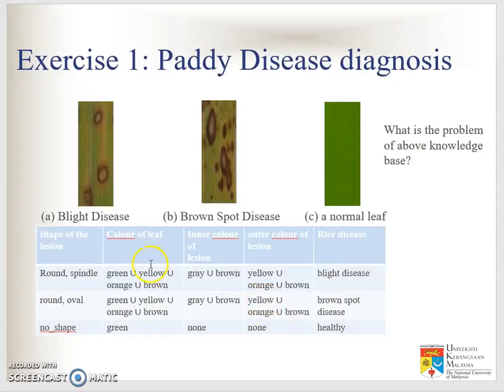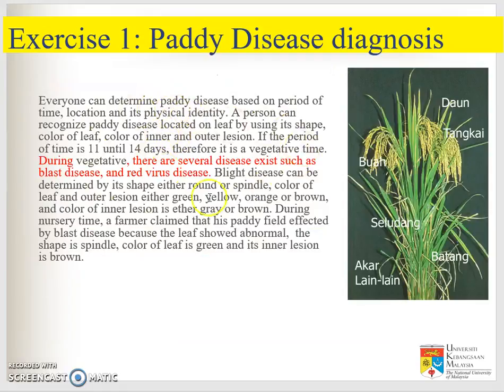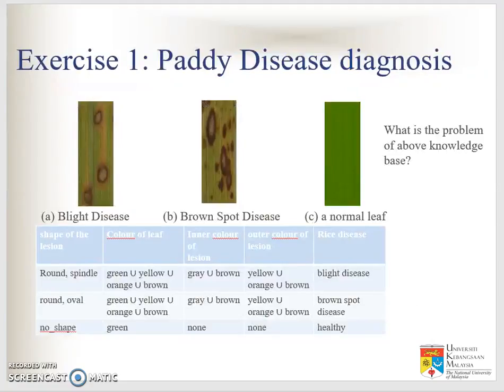logic, we have shape of lesion, color of leaf, inner color of lesion, outer color of lesion, and also what is the disease name, the paddy disease. So based on the previous slide here, we have this.